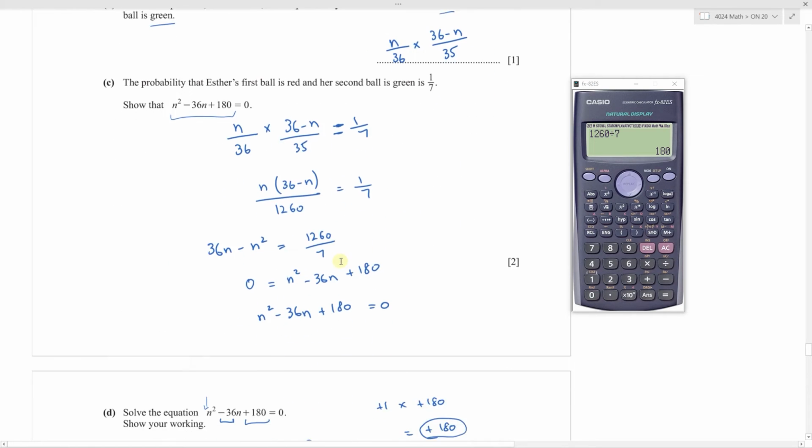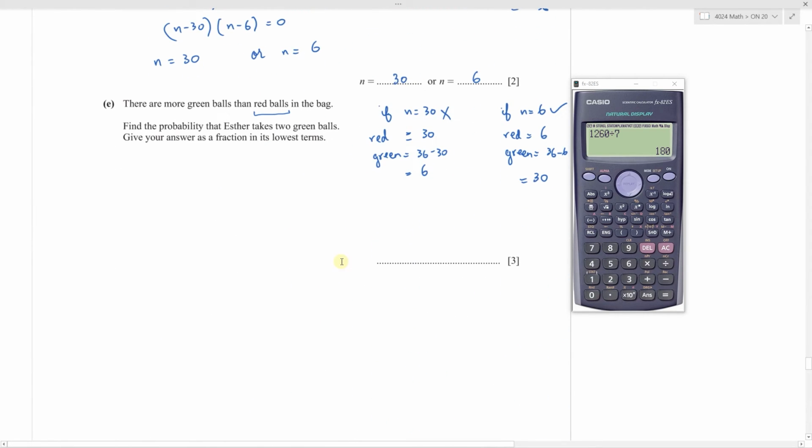So this probability will be 36 minus n over 36 multiplied by 35 minus n over 35. So 36 times 35 is 1260.